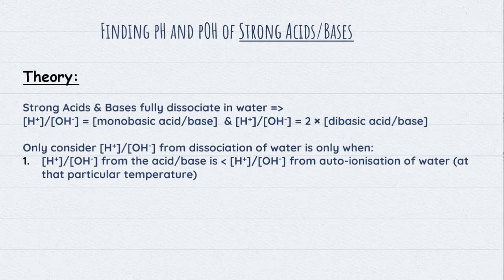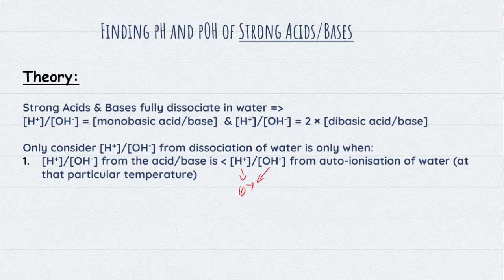If the concentration of H+ or OH- from the acid or base added is lower than the autoionization of water, then we need to consider the concentration of H+ and OH- from this autoionization of water. For example, at room temperature, we know that the concentration of H+ and OH- is 10 to the power minus 7.